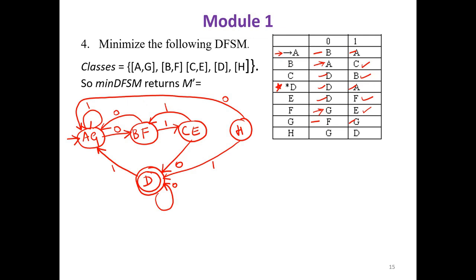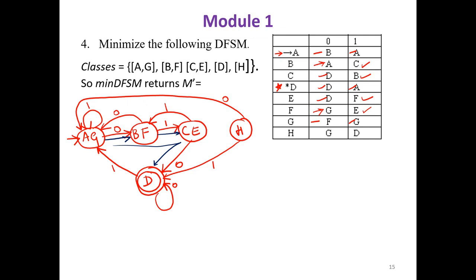But one thing to be noted here, if you check, AG is the start state, BF is reachable from AG, CE is reachable from the start state AG, D is reachable from the start state AG, whereas the H state is not reachable from the start state.